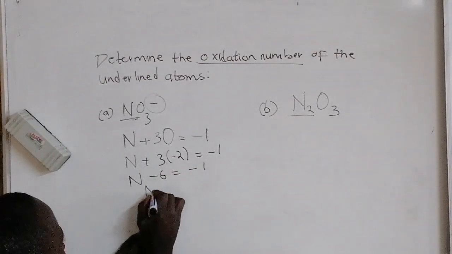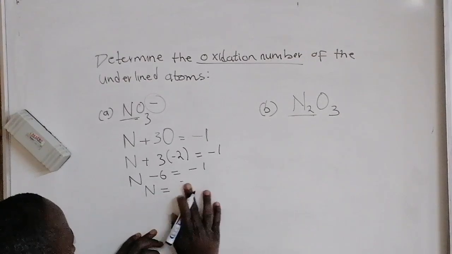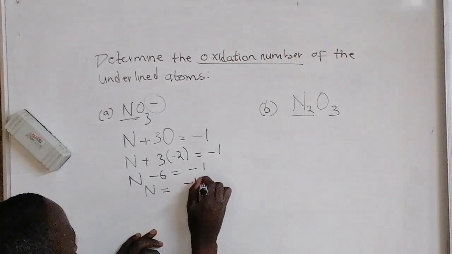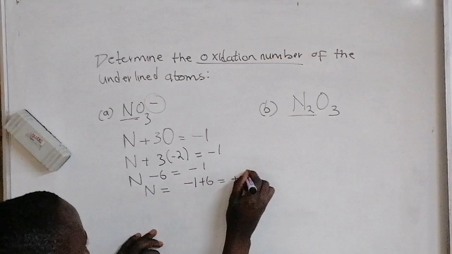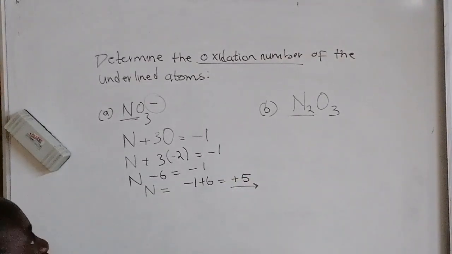Then we make N the subject of the formula. We'll have -1 plus 6, which is +5. So the oxidation number of the underlined atom in the first example is positive 5.